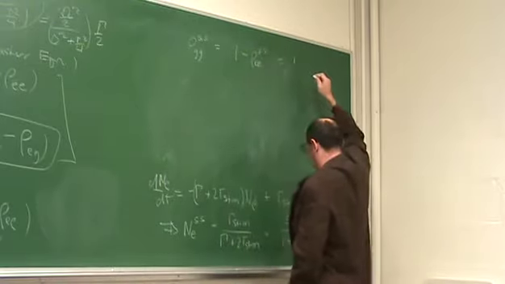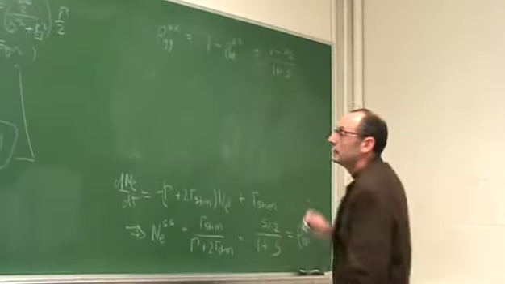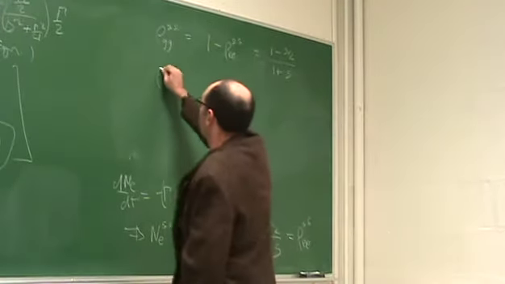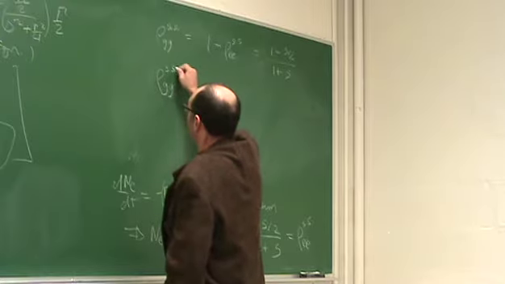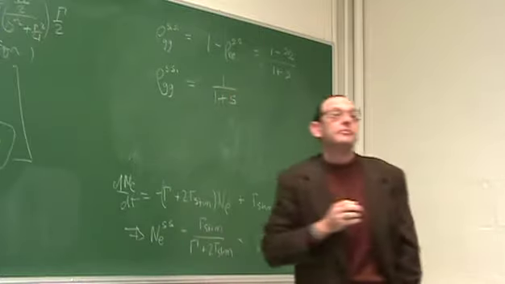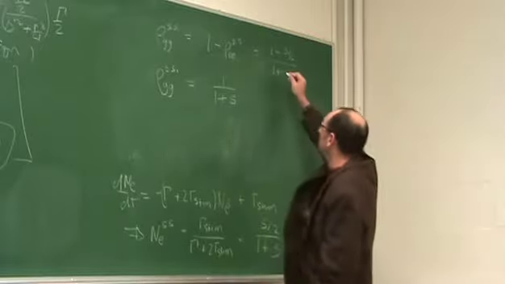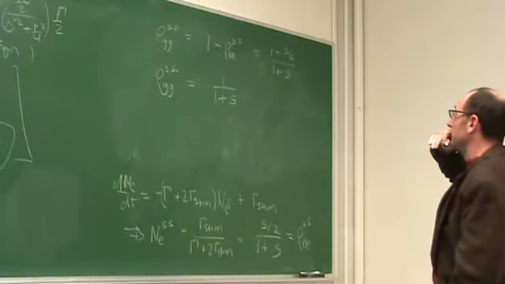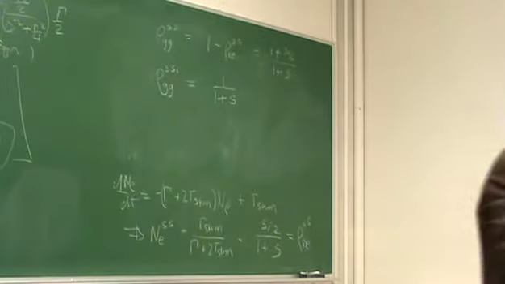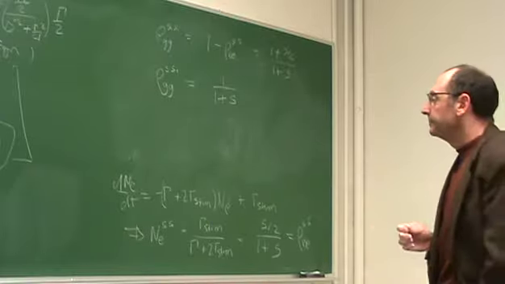That's equal to 1 minus S over 2 divided by 1 plus S. And so the population difference between the ground state and the excited state is equal to 1 over 1 plus S. So we can plug that in over here.